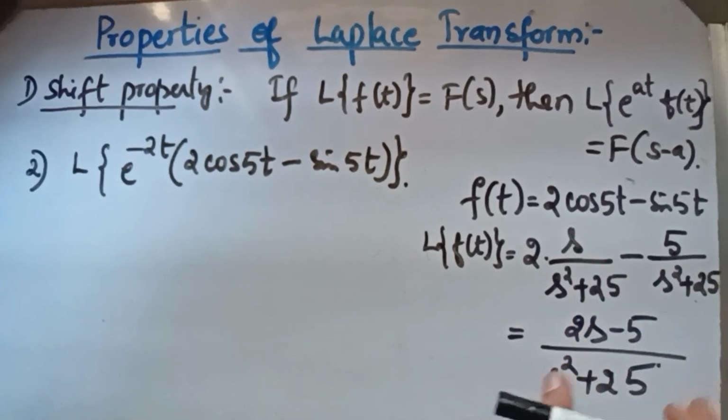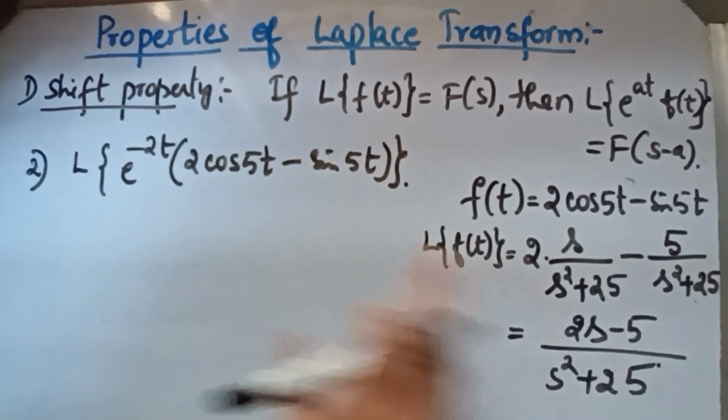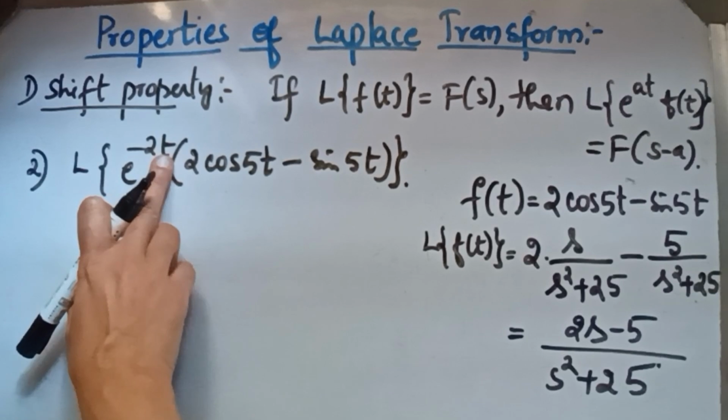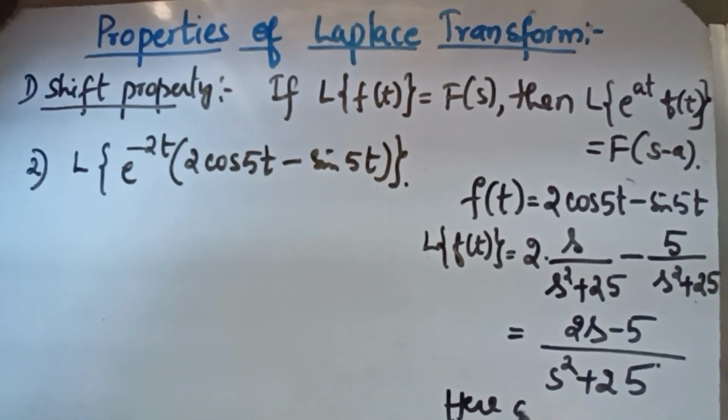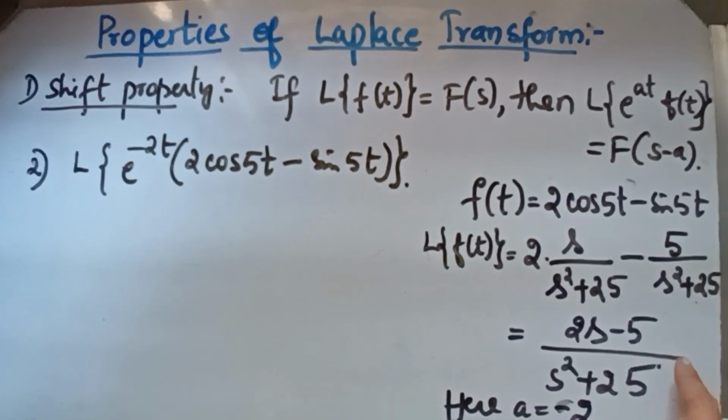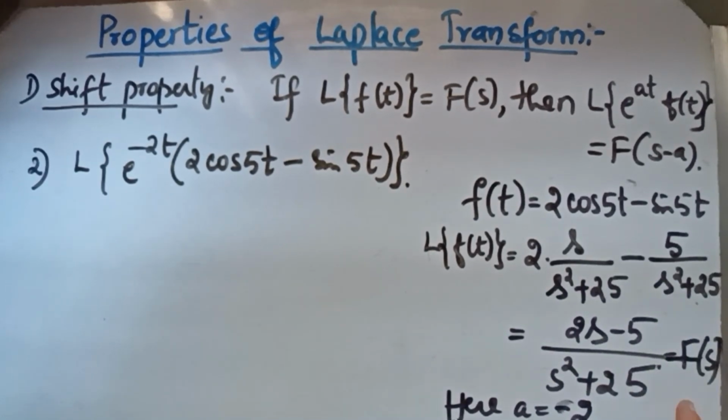Now this whole function is multiplied with e power minus 2t. Therefore, here a value equal to minus 2. A is minus 2. You have to replace s by s minus a in the function F of s. This is your F of s now.